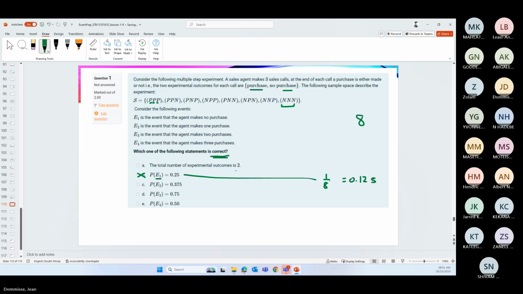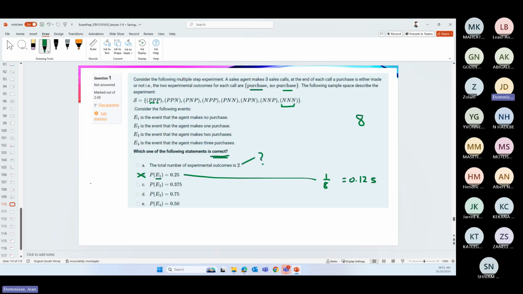So let's look at the next one, let's just check the first option. The total number of experimental outcomes is 2.